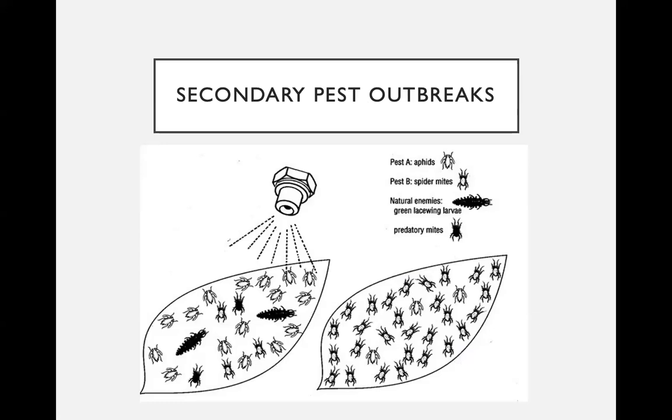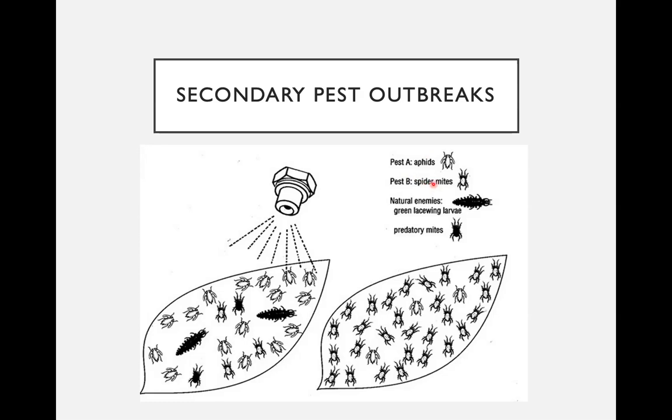All right, so if you think that's a cruddy situation, here's another thing that can happen when we use a broad spectrum pesticide. We can get something called a secondary pest outbreak. In this example, we have another plant where there are two pests, and unfortunately, they both look very similar. We have aphids and spider mites.